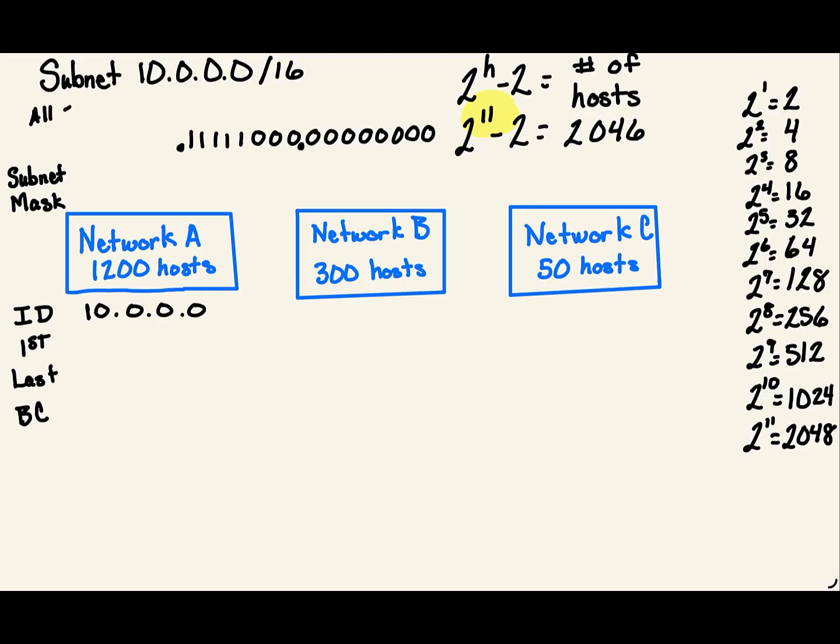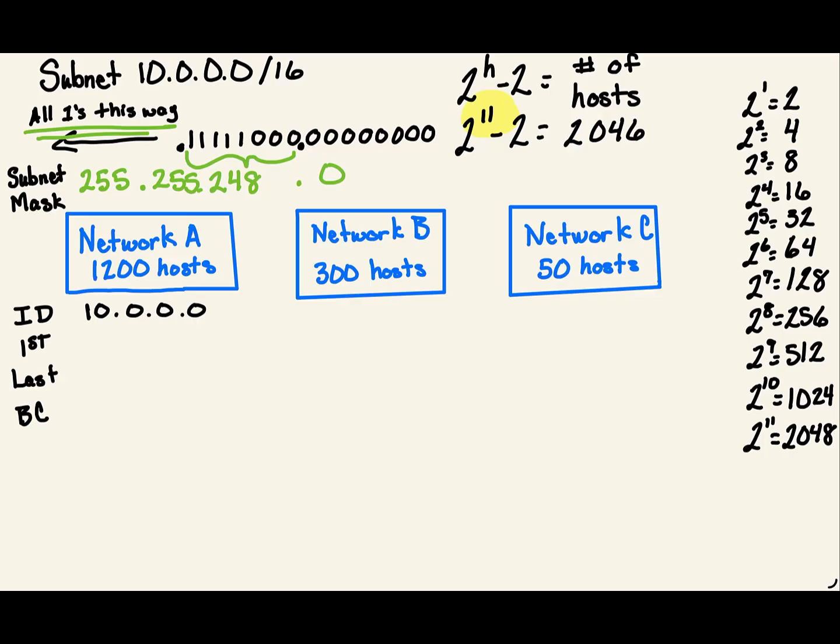And then the rest, of course, are also ones. We have to follow the contiguous ones rule with a subnet mask and keep these ones on the left-hand side together. This gives us 248 right here in our subnet mask's third octet and a 0 in the fourth octet.